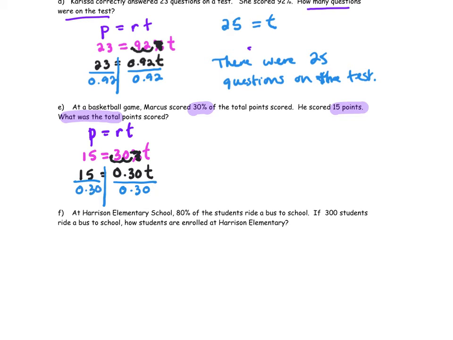So pause and use your calculator and take 15 divided by 0.30. The answer would be 50. So we have 50 equals T, and T was the total number of points. So we can say there were 50 total points scored at the game.